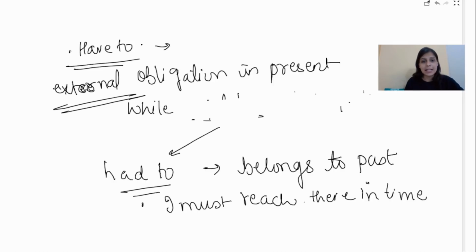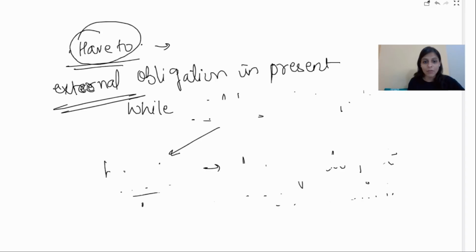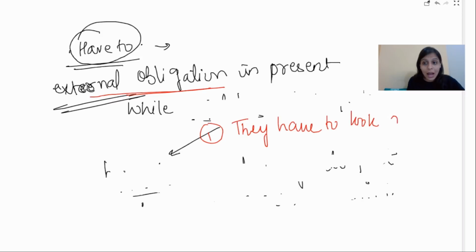For example, let's first talk about have to. Let's not confuse it with had to, because otherwise you are going to get confused. I'm going to take that up next. First I'm going to talk about have to. Number one, it is used to express obligation. For example, they have to look after their child.